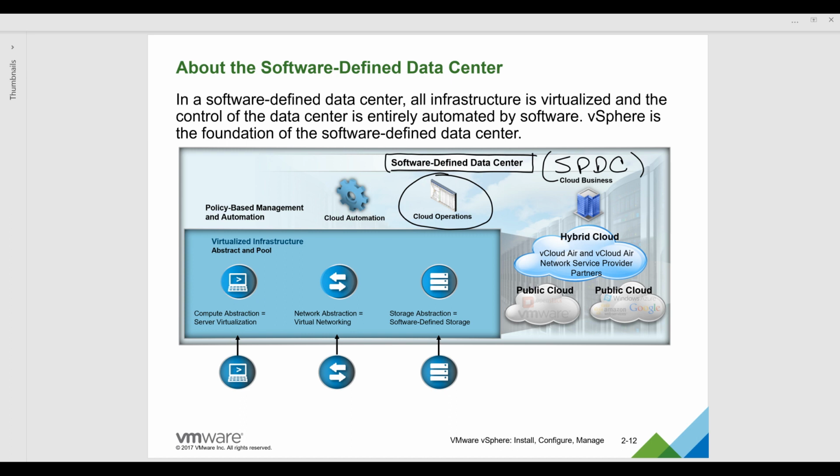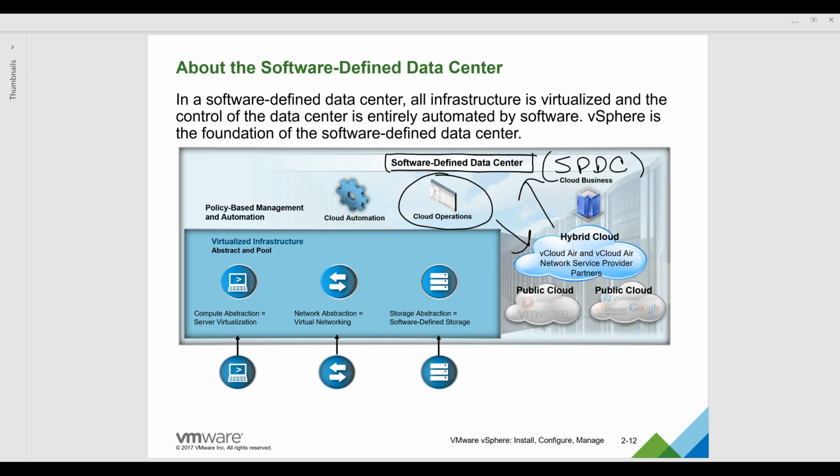That self-service portal allows end users then to use the SDDC, because with your cloud operations you have all this that you could use, and it allows you to use all the SDDC operations.